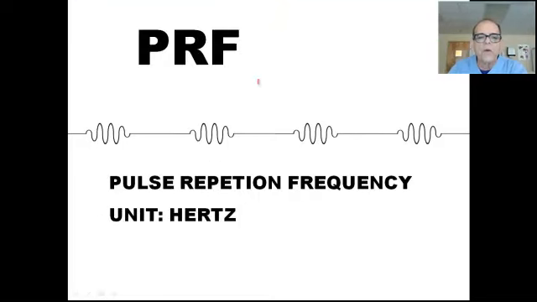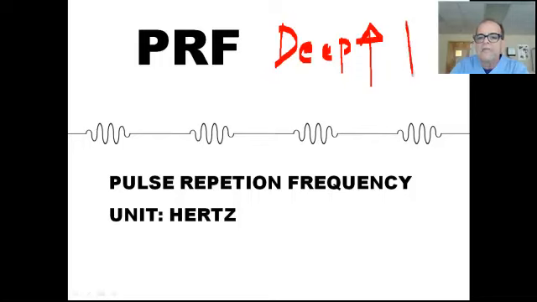Pulse repetition frequency, you know that is operator adjustable with the button called depth, and that pulse repetition frequency depends on the depth that you are working at and is inversely proportional. The deeper you go, the lower the pulse repetition frequency.